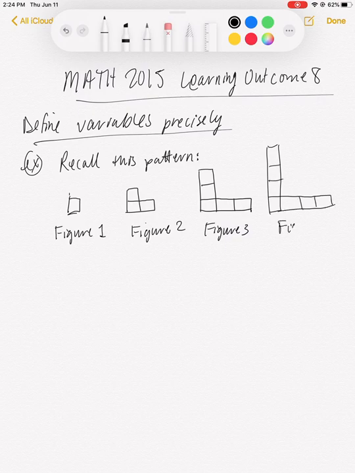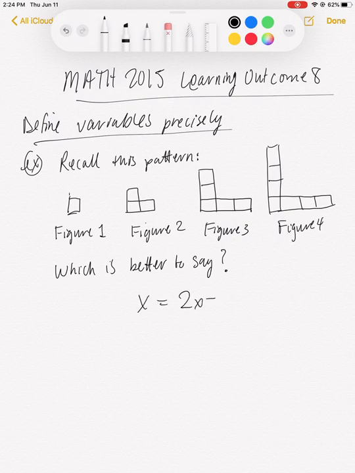This is figure 4. Okay. So which is better to say for the number of squares in figure x? Should we say that x is equal to 2x minus 1? If you recall that that's how many squares are in each figure.